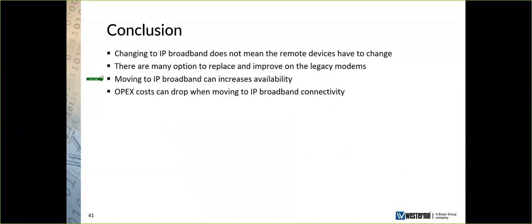Moving to IP broadband can increase availability. We've seen that we can use diverse pathways to connect remote locations to central locations. By having media diversity, we actually increase the availability. So if the 3G network dies or the 4G network dies completely, then ADSL is there to take over and vice versa.